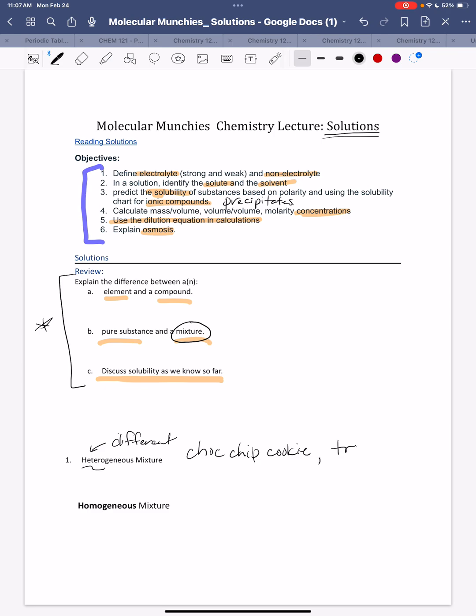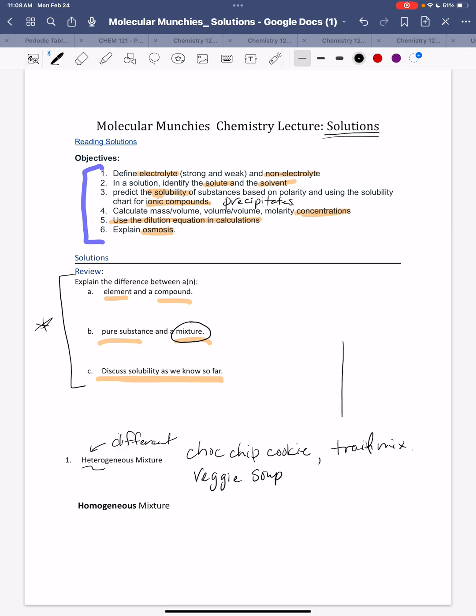Maybe trail mix, where you can actually see the particles, nuts and raisins and chocolate, whatever you put into your trail mix. Maybe a vegetable soup as well. When you look at a vegetable soup, you have the vegetables, you have the meat maybe.